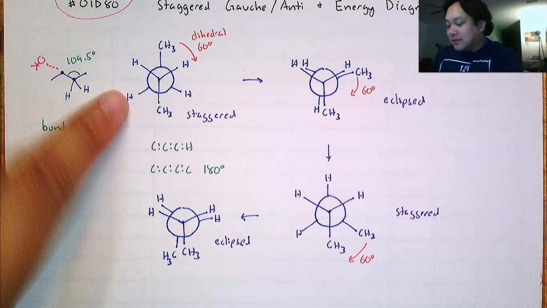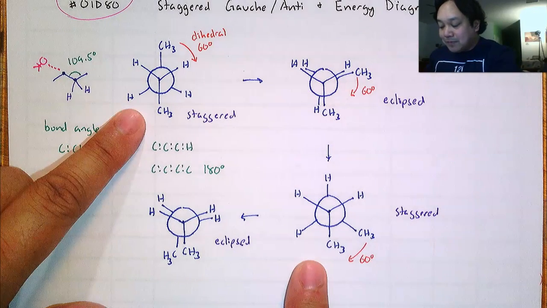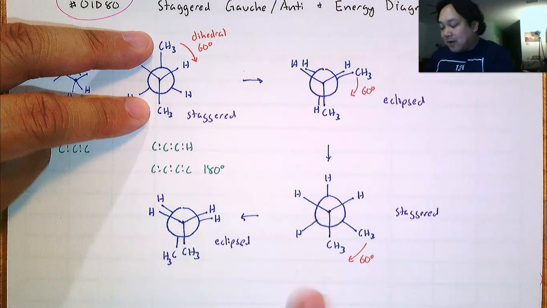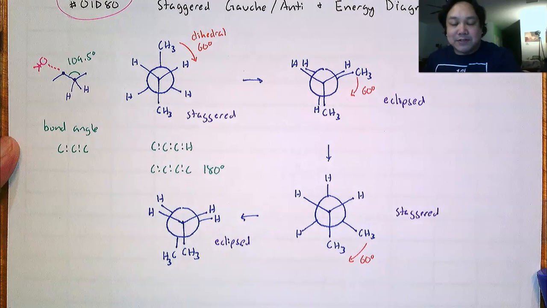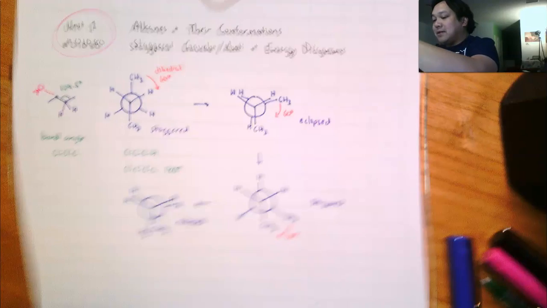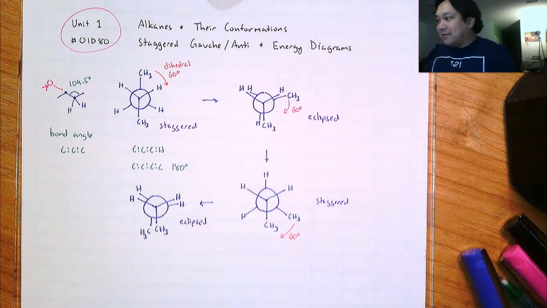Take a look at these two staggered conformations of the Newman. We have the methyl groups far apart, and here I have the methyl groups close together. Those two will have different energies, different stabilities. And if I zoom out, let's figure out which staggered is the more stable staggered.